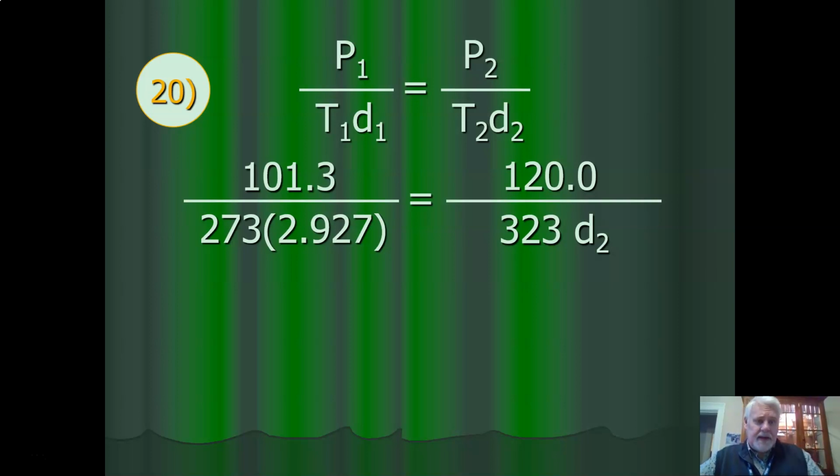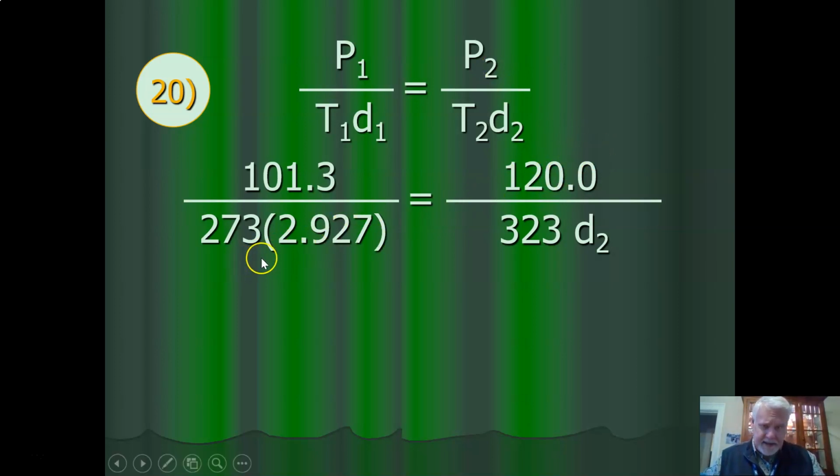Okay, so the math on this one is a little bit tricky because this is on the bottom. So solving for D2, I think, in my opinion, the easiest way to do this would be to cross multiply again.